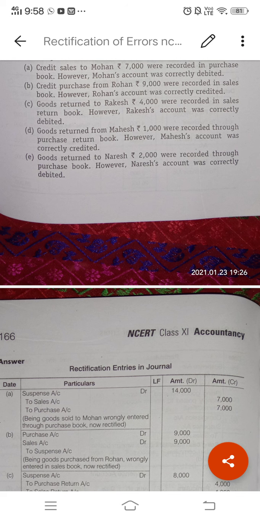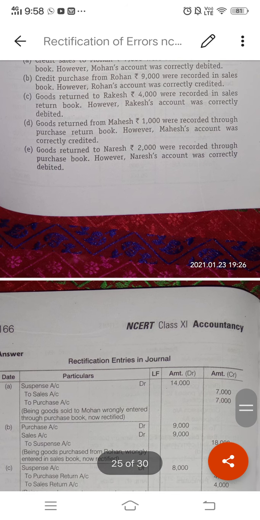In order to cancel that, we have to credit the sales return account with 4,000. And what is the correct credit? Purchase return is the correct credit, so we have to credit the purchase return account with 4,000. So the total amount of 8,000 is to be transferred to the suspense account. Understood? So suspense account debit to purchase return account and sales return account.